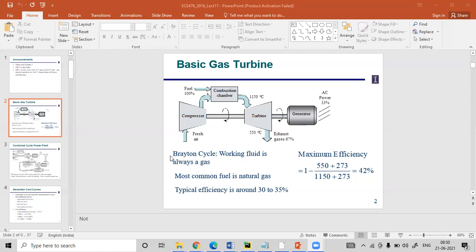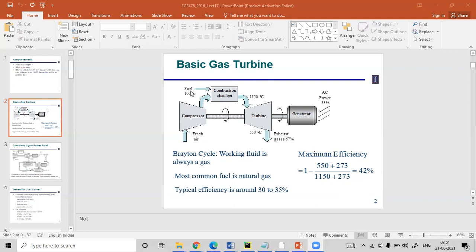Now we have to understand how much fuel or heat energy is input at the turbine and how much we get as output in terms of temperature, and we can calculate the efficiency using this formula, right? The role of the compressor is to inject fresh air into the combustion chamber, and this is the fuel.